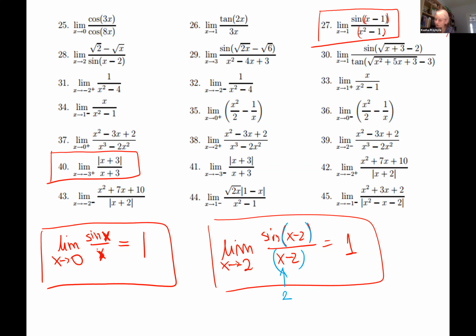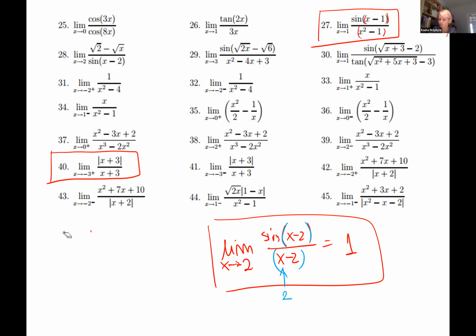So what we have to do is write the limit as x goes to 1, with sine of x minus 1, and probably we have to factor out. Do you know how to factor out x squared minus 1?